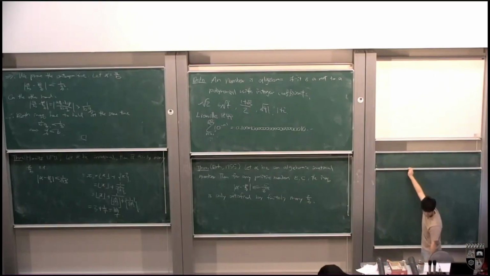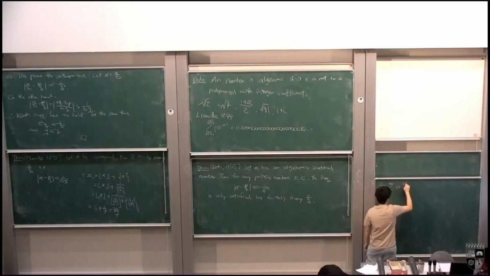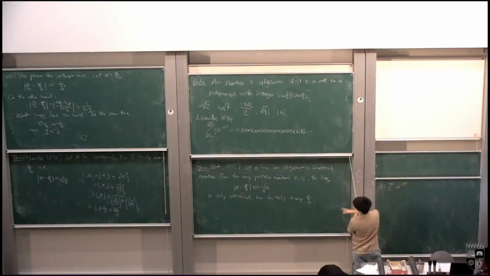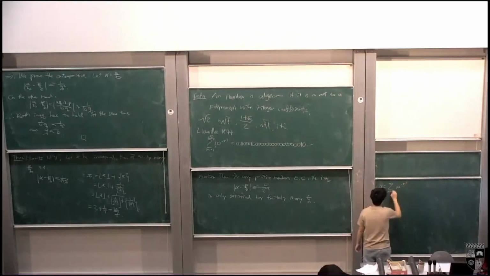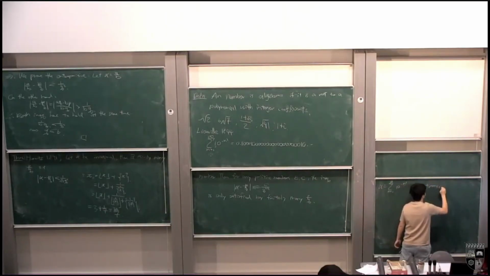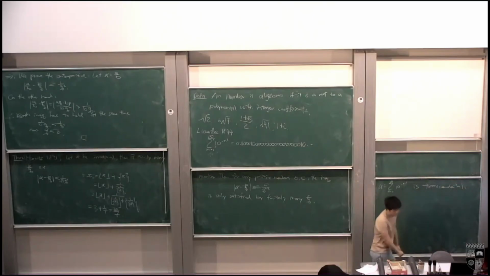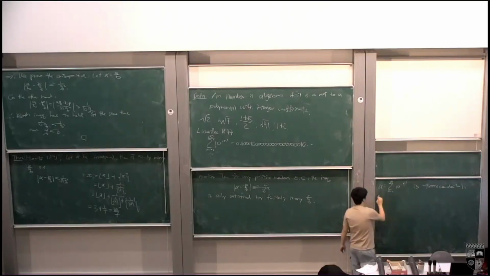Okay, so what's the claim? The claim is that alpha, which is that monster, I'm not going to write the decimal expansion again, because this is just too painful. It's transcendental. So the proof goes something like this.